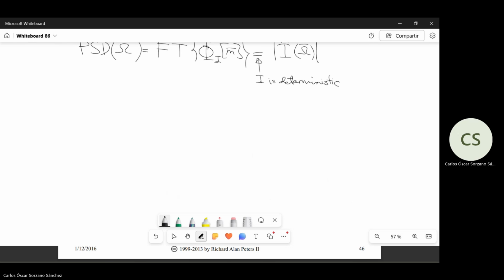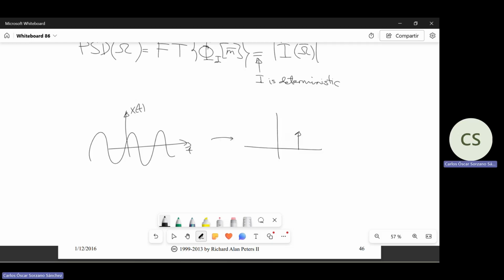Let's do it in one dimension, that is easier to draw. So I have a wave, x of t. My Fourier transform is a couple of deltas.